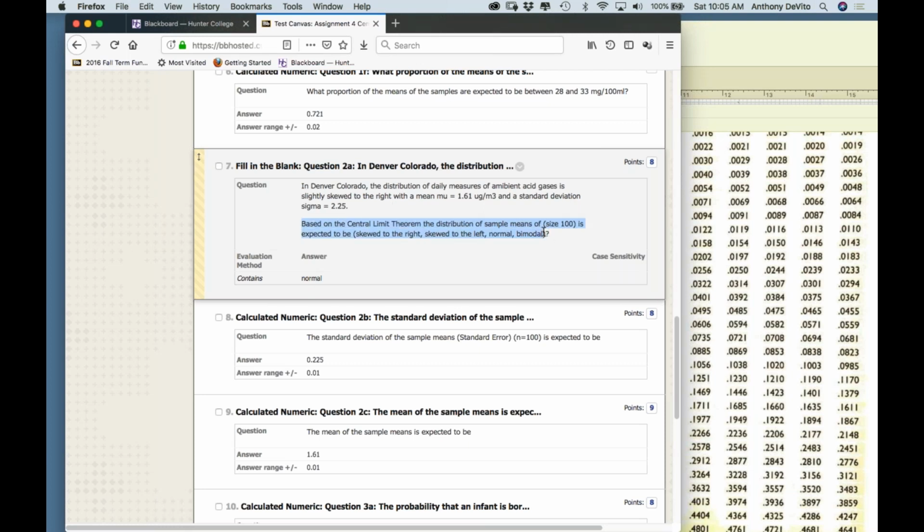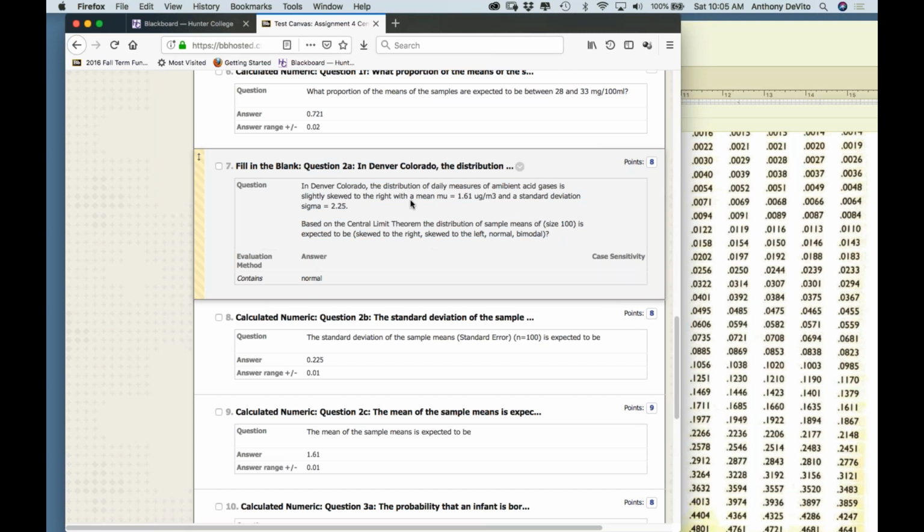So based on central limit theorem, the distribution of sample means of size 100 is expected to be skewed to the right, skewed to the left, normal, or bimodal. Well, central limit theorem tells us that if you get a large sample size, and 100 is a pretty large sample size, right? You can start to debate large sample size once you get over about 30 or 35, but certainly at 100, you're getting a sample size where you could apply the central limit theorem.